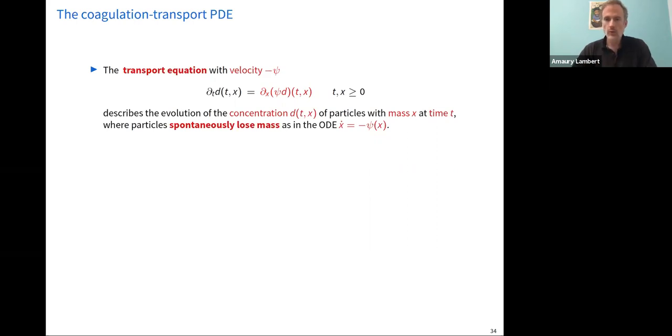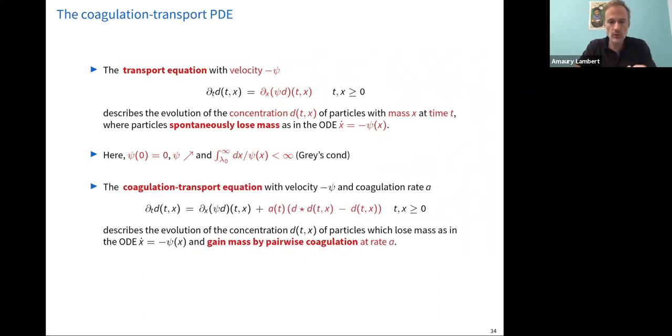Okay, so you have to imagine that d is some profile that travels from right to left as particles lose mass, right? So remember that psi of 0 equals 0, psi is increasing, and 1 over psi is integrable at infinity.